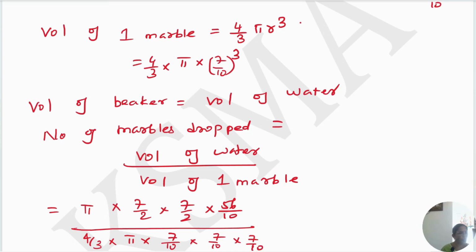So if you are reducing this, then we will get our answer as 150. So the number of marbles dropped into the beaker is 150.